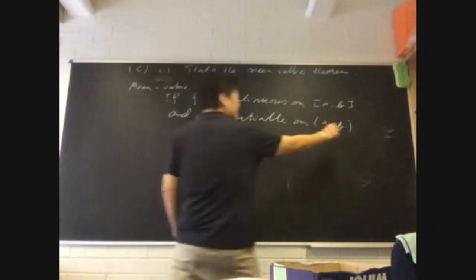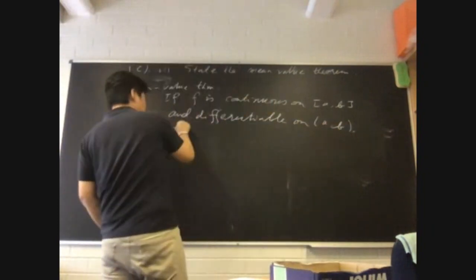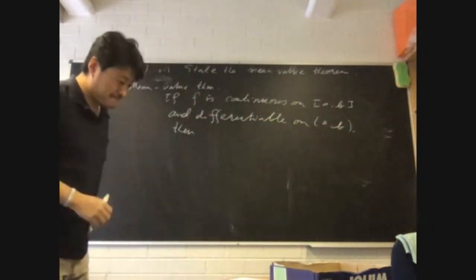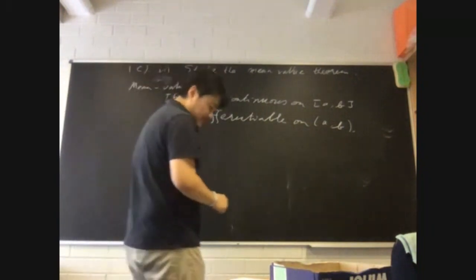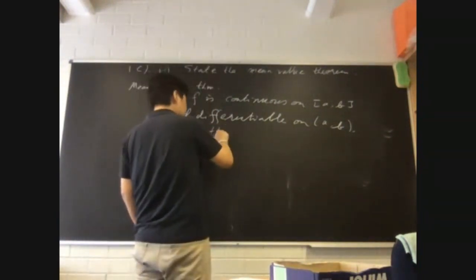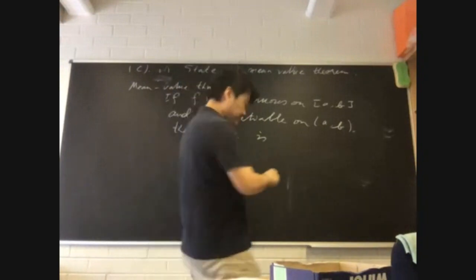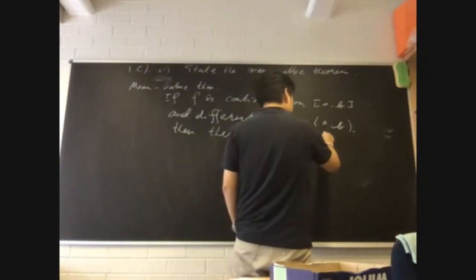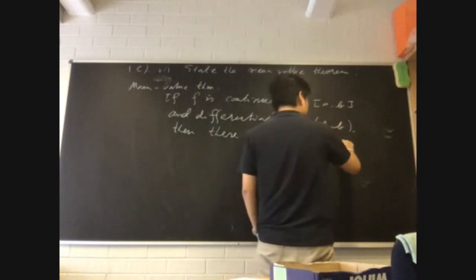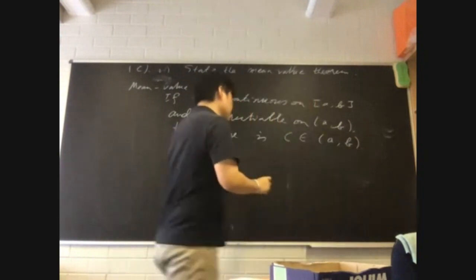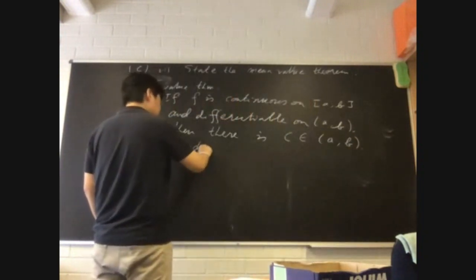All right. Then the following will happen. So then there is a point c, that's in here, a b, such that the following happens.